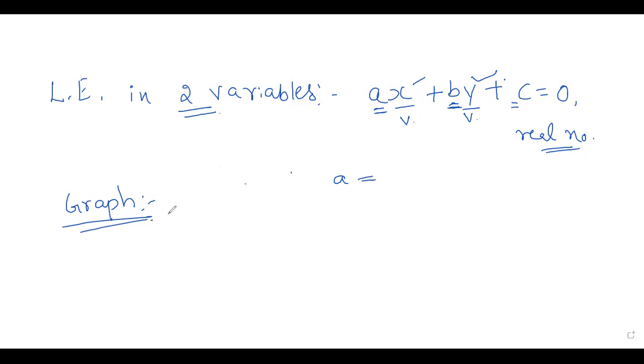That is what your graph is. So here in linear equation in two variables, we get many solutions, as well as you will always get straight lines, children. The graph will be straight lines.